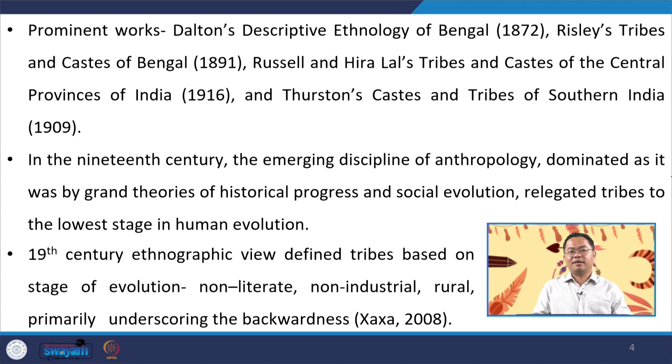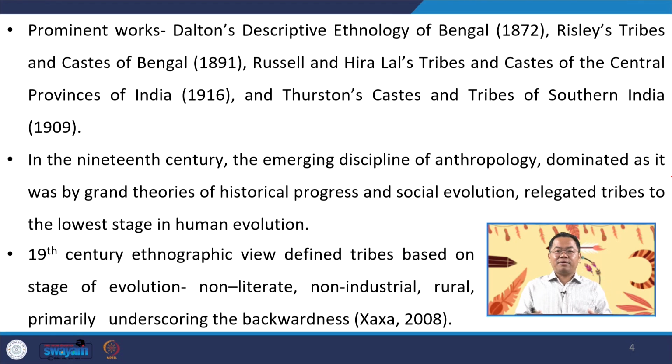Every society passed through distinct stages in history, transitioning from a traditional to a modern society. Now, anthropological discourse relegated tribes to the lowest stage in human evolution, in the sense that tribes are not only primitive, but also backward.